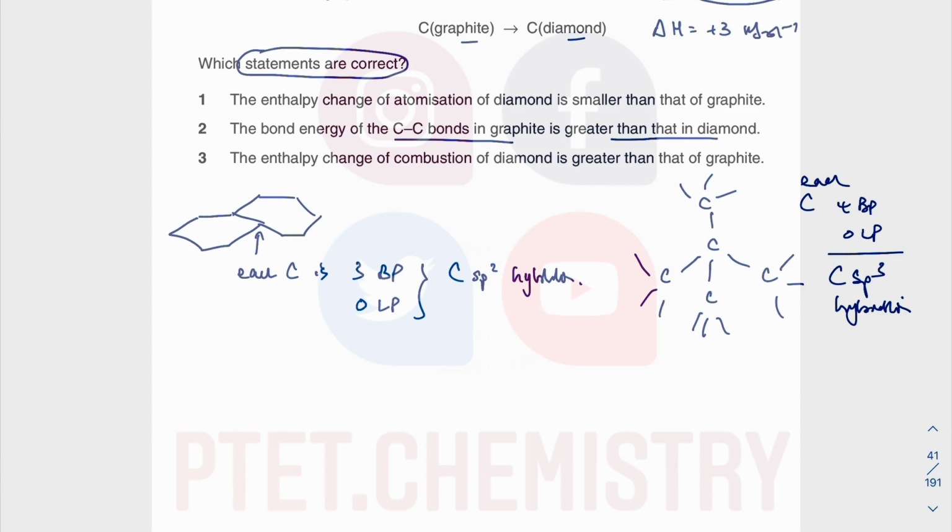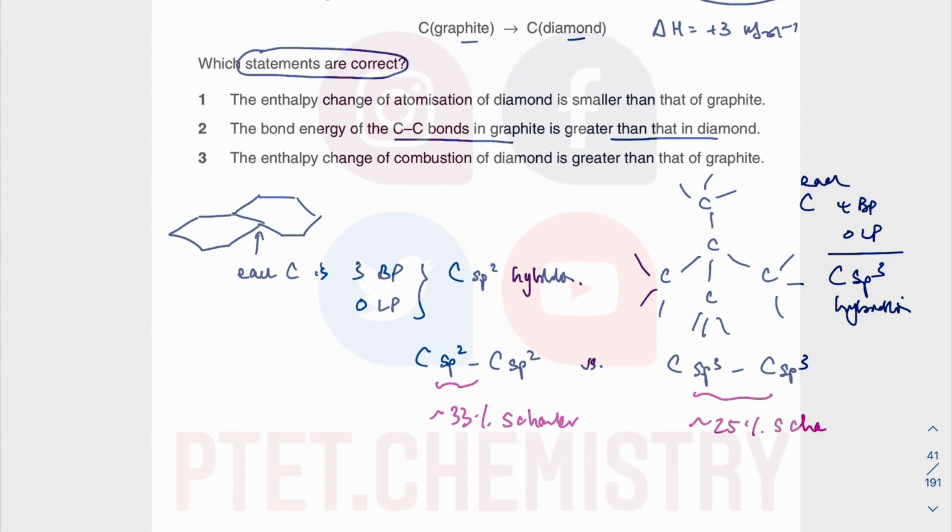Okay, how would you be able to decide which carbon-carbon bond is actually stronger? So there is carbon sp2 versus carbon sp3, single bond versus single bond. But this one has around 33% S character. This one has only about 25% S character on each carbon.